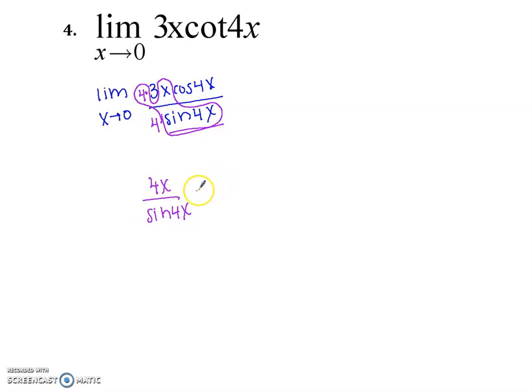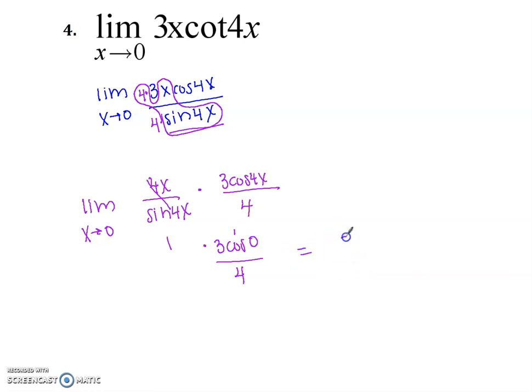That limit we know is going to be 1, times what's left. What's left in the numerator is 3 cosine of 4x, and what's left in the denominator is a 4. So this limit will be 1 times 3 cosine of 4 times 0, so cosine of 0 over 4. Cosine of 0 is 1, so that's 3 times 1, 3 over 4. So that limit will be 3/4.